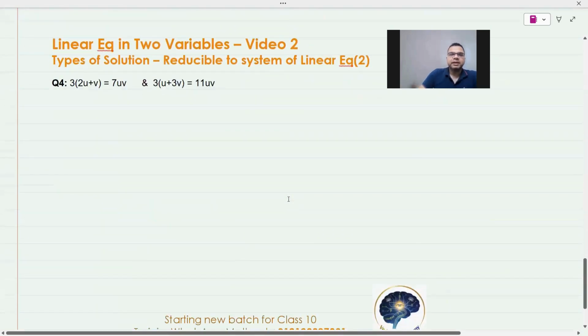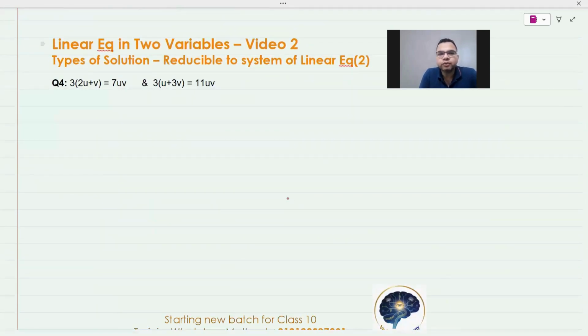So this is again a question of reducing the equations to a system of linear equations. What we can see here is we have u and v, and then we have uv as well. So what I'm going to do is divide by uv on both sides. So this becomes 3 into 2 is 6, 6u upon uv plus 3v upon uv again equals 7uv upon uv.